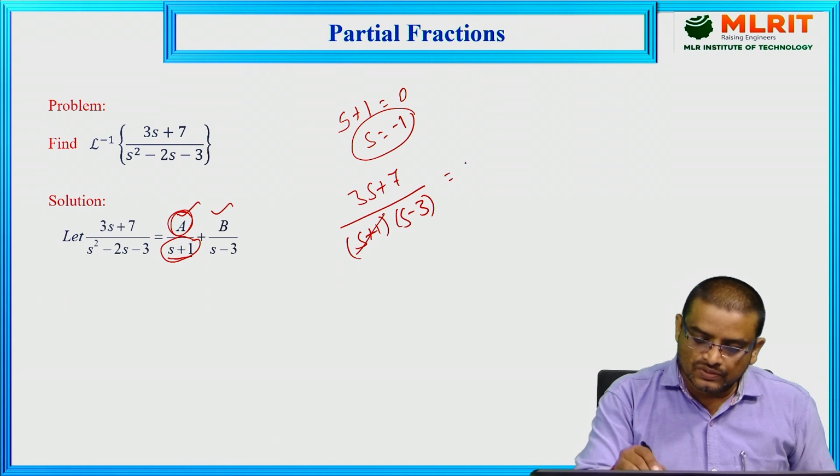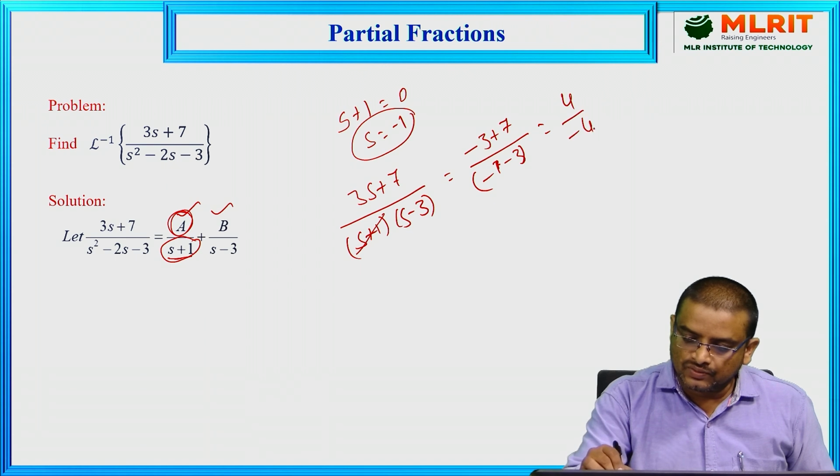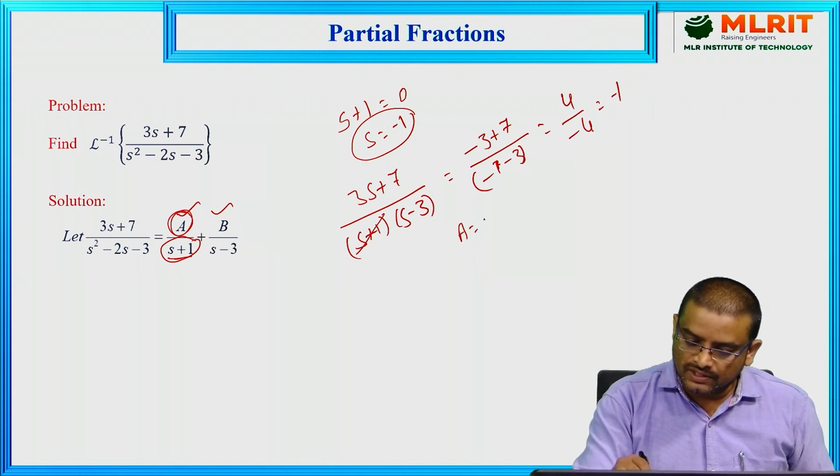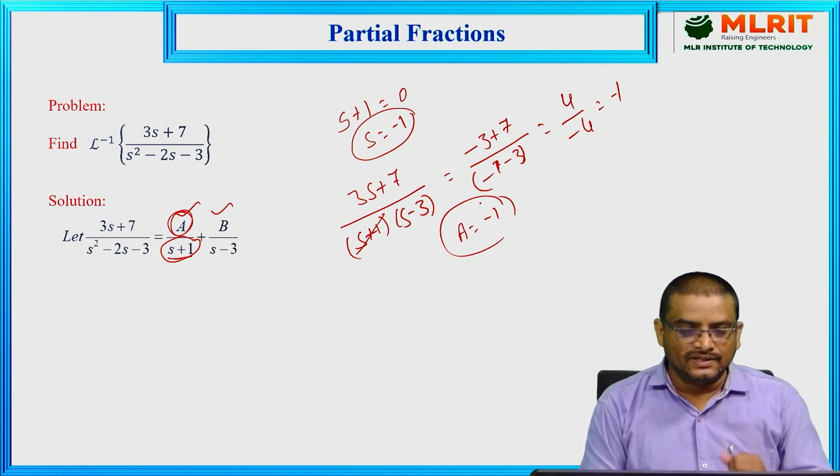So if you substitute s is equal to minus 1, you will get minus 3 plus 7 by minus 1 minus 3. So you will get 4 by minus 4, which is equal to minus 1. So you will get a is equal to minus 1. Okay, like this we can find out.